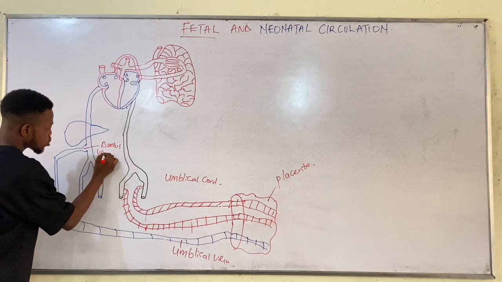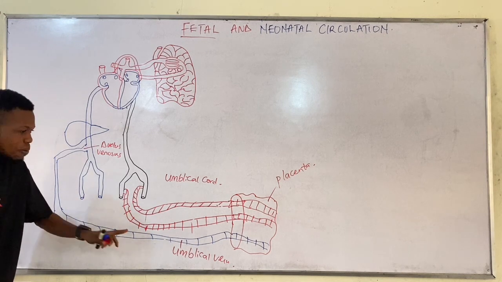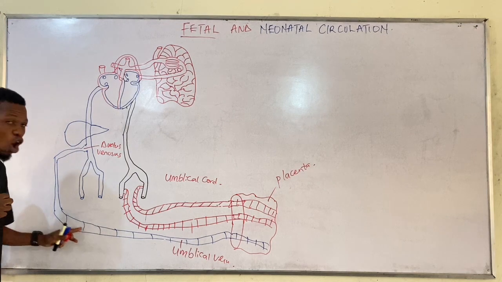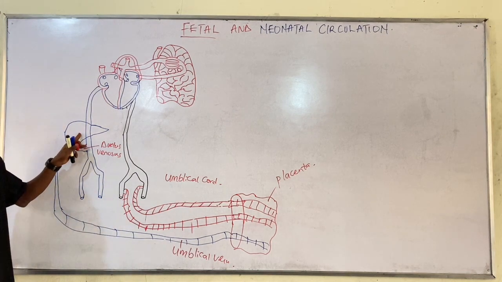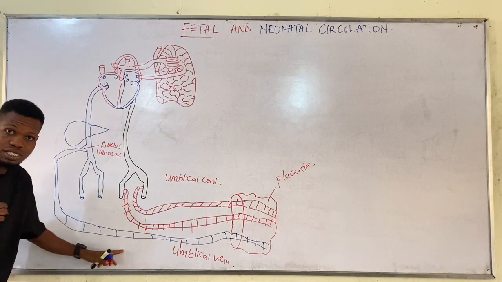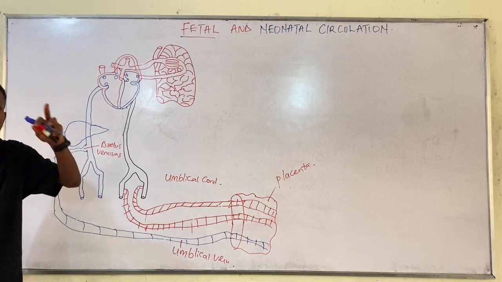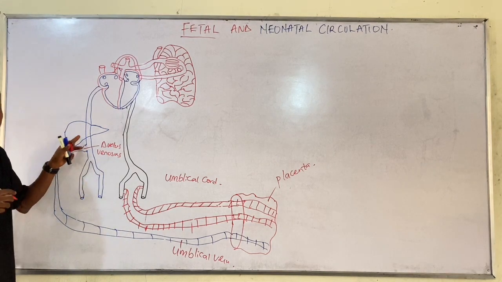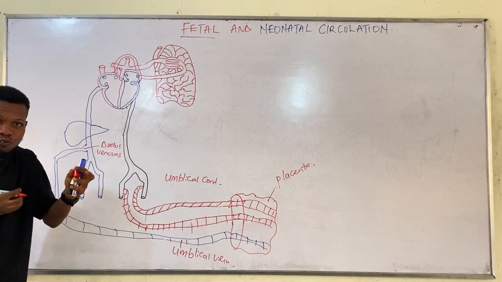The reason behind the umbilical vein giving the blood to the ductus venosus is for the blood to bypass the liver. We don't want oxygenated blood to enter the liver. When the oxygenated blood enters the liver, it will absorb some nutrients from the blood.